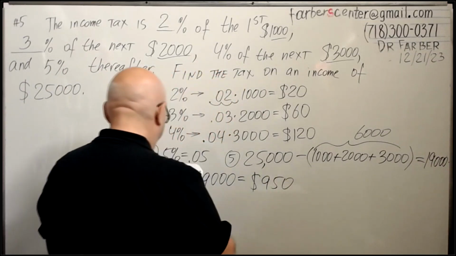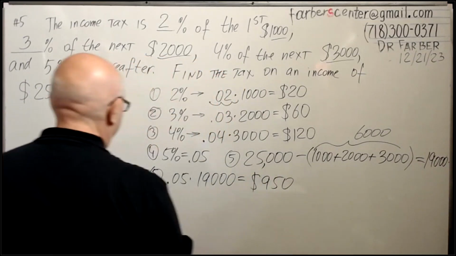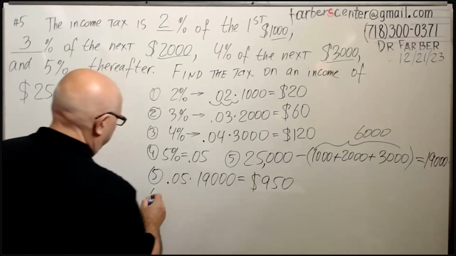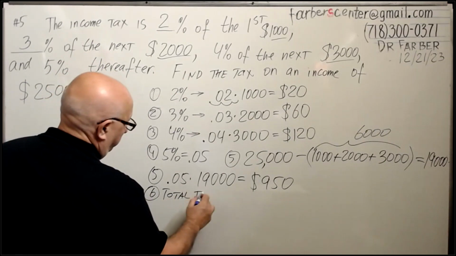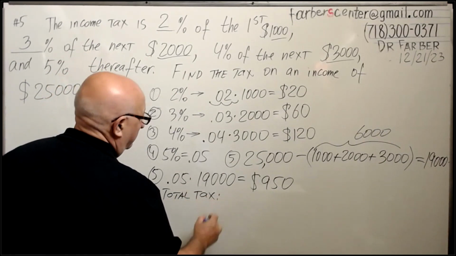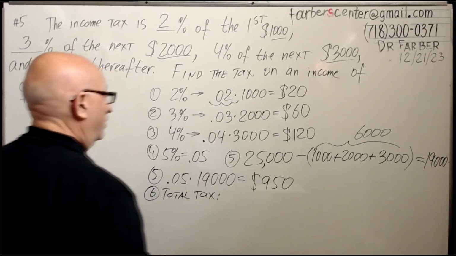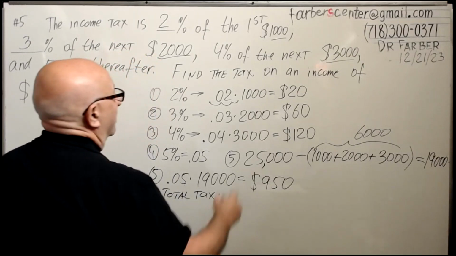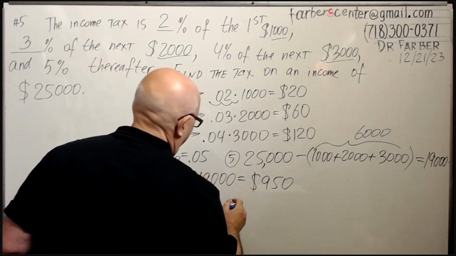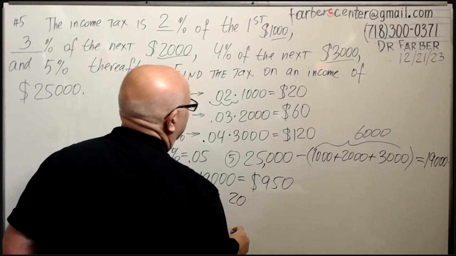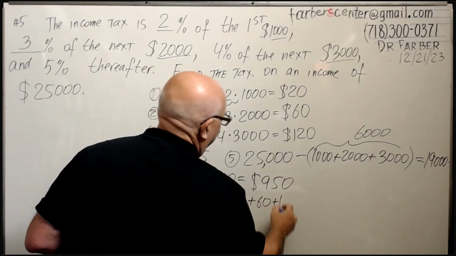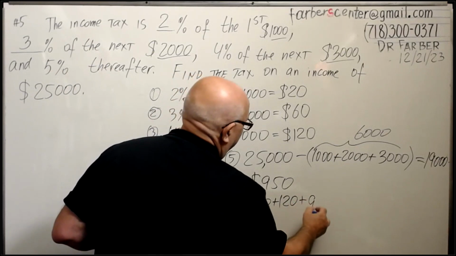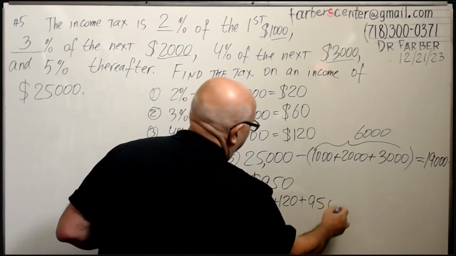But they ask you, what is total tax? Step number 6. Total tax. What we have here? We already actually did it for this state. It will be $20 plus 60 plus 120 plus 950, right?